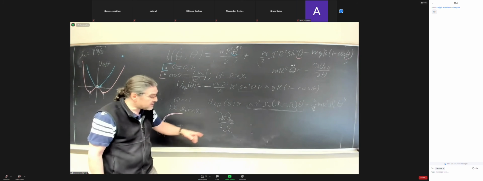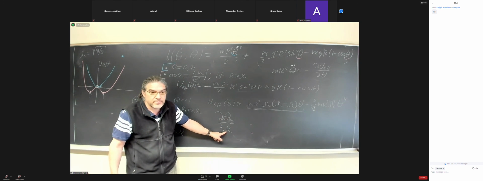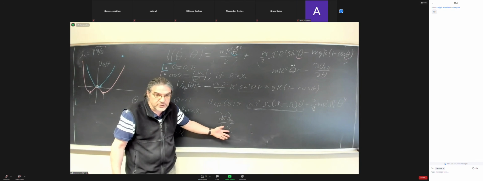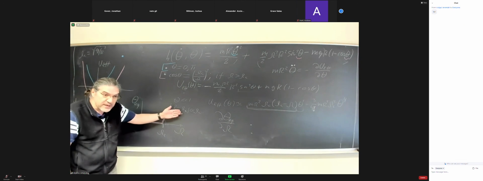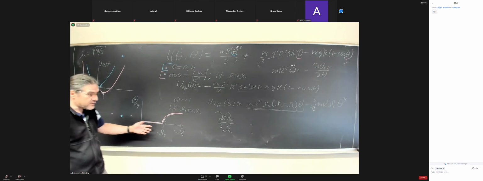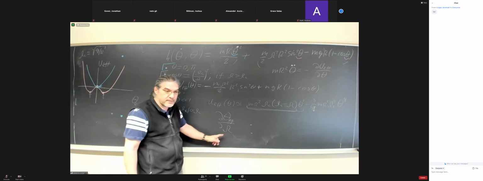This is how the equilibrium position changes when I change omega, by definition of derivative. Now this is my graph. So this is my response of the equilibrium position to small changes of omega.